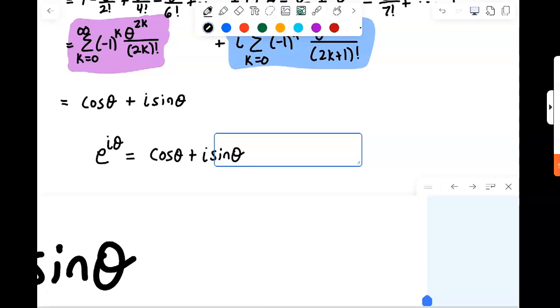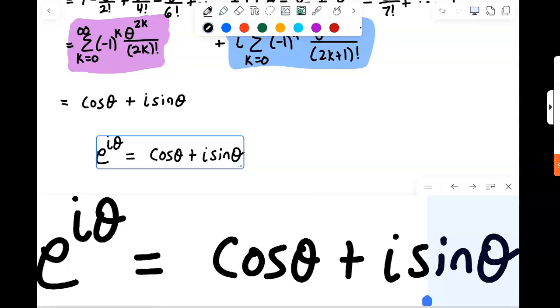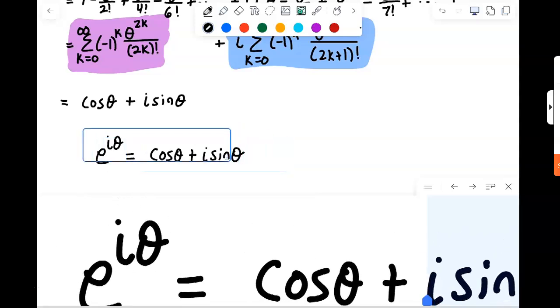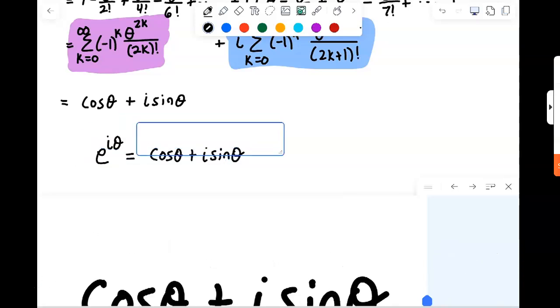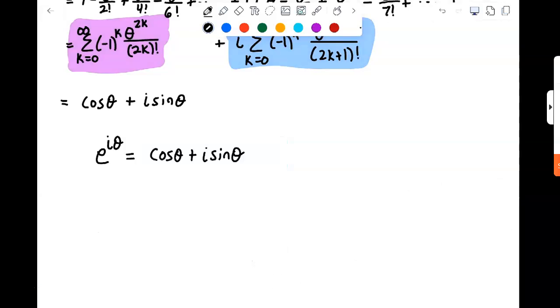A famous physicist named Richard Feynman referred to this equation as our jewel, the most remarkable formula in mathematics. And this is the thing that allows us to convert from a complex exponential function over to an expression involving our trig functions sine and cosine.